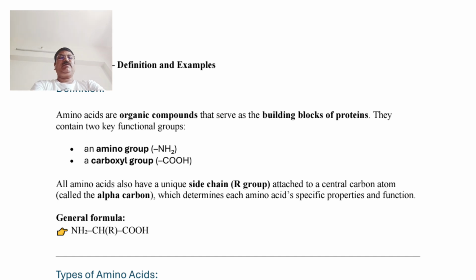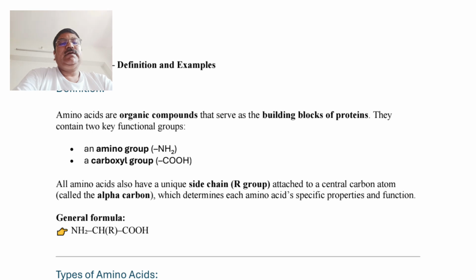The R group, the NH2 group and the COOH group are always attached to the alpha carbon atom, which is an asymmetric center in most alpha amino acids, and that's why these amino acids are also called alpha amino acids.